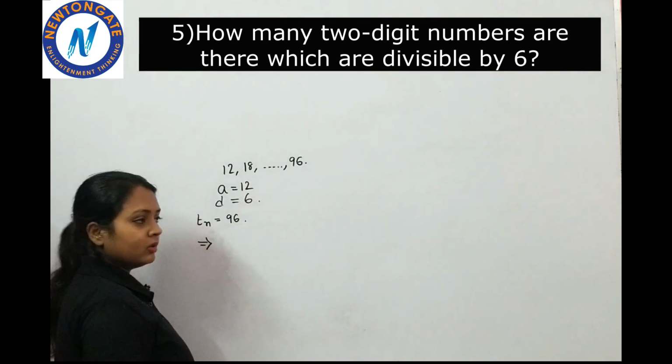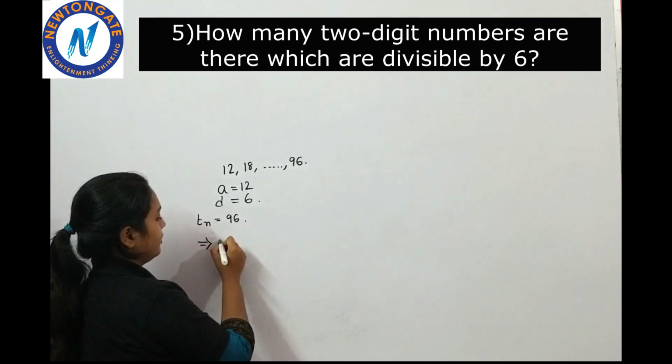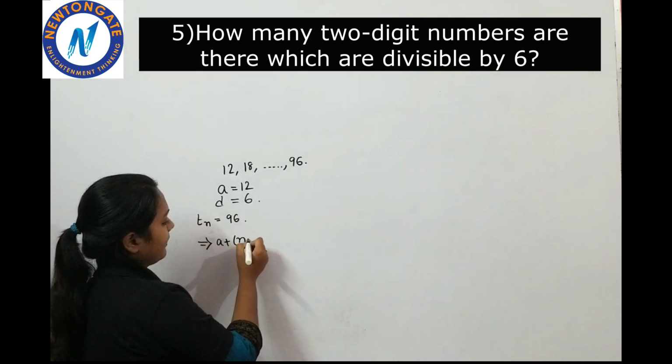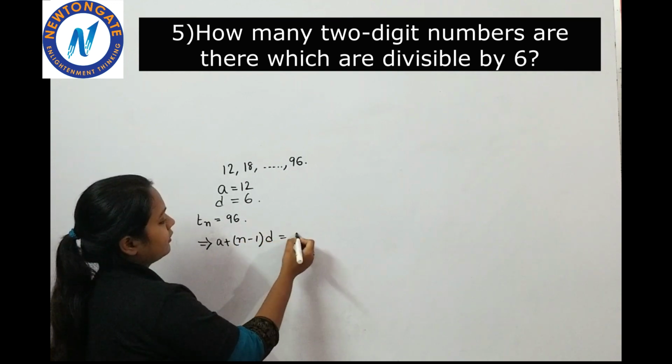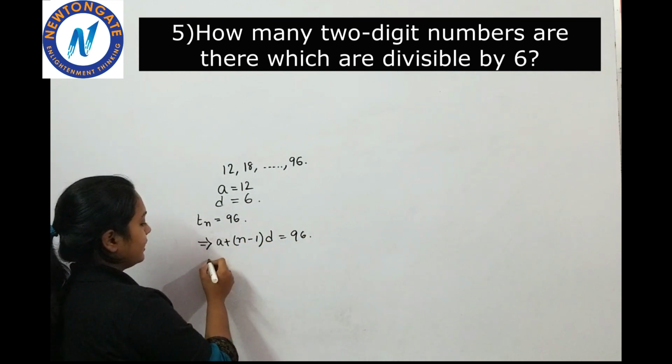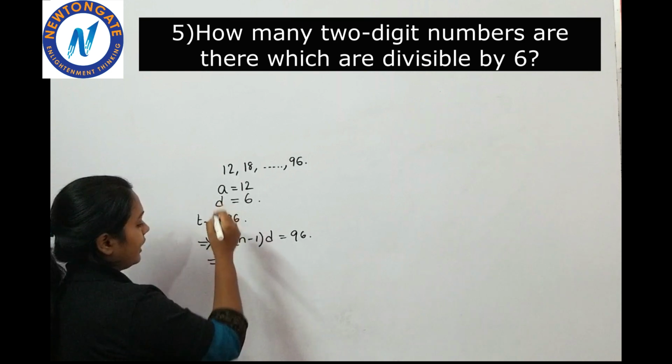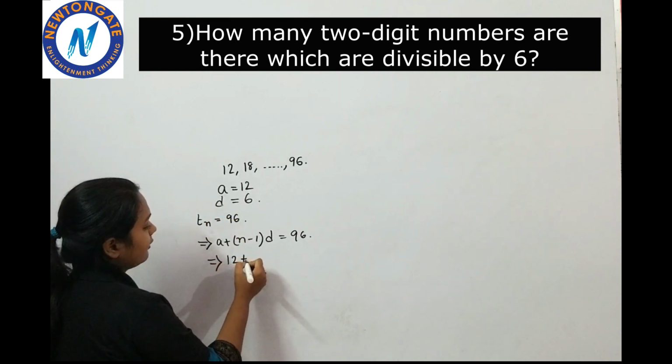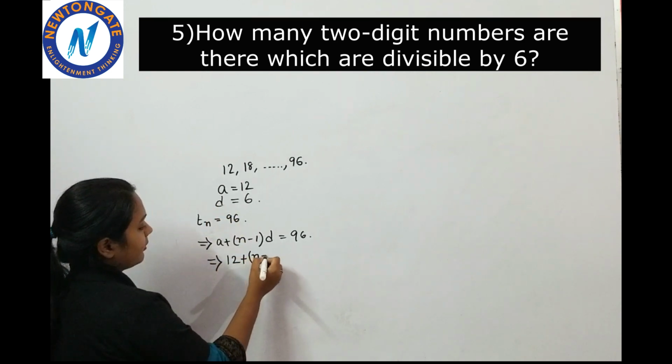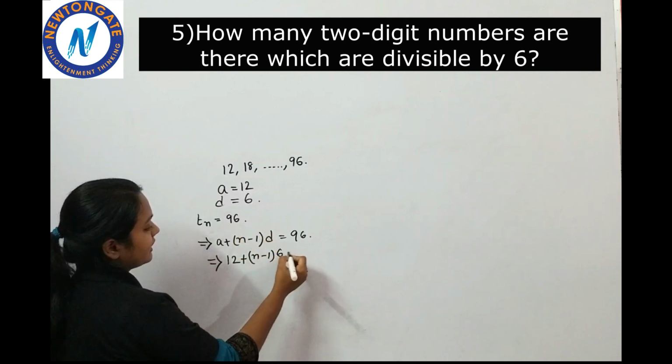We know Tn equals a plus (n minus 1) into d equals 96. Then we put the value of a as 12, and d is 6.